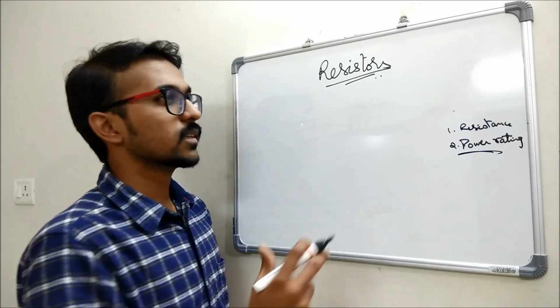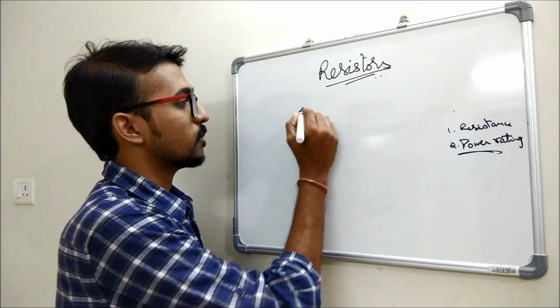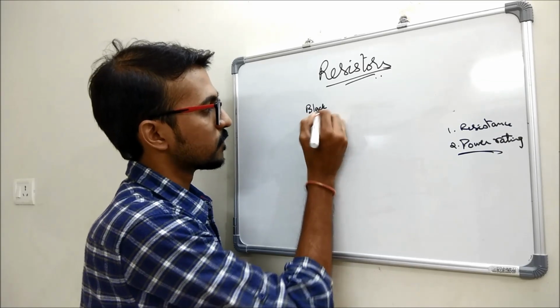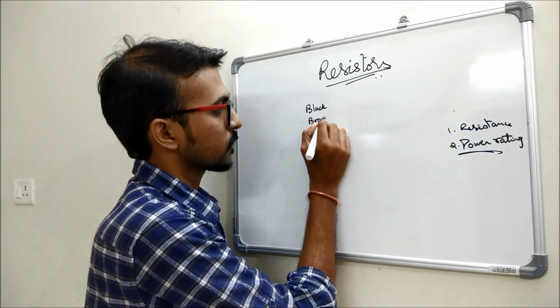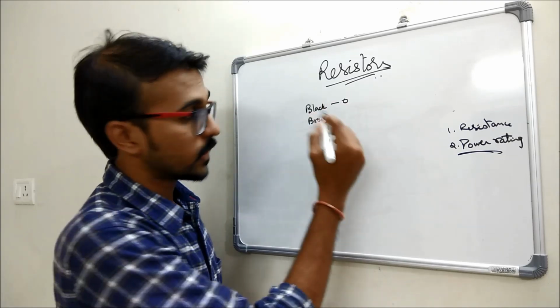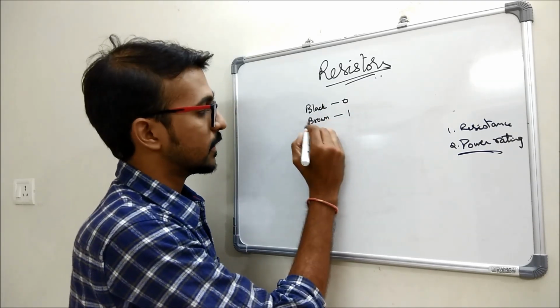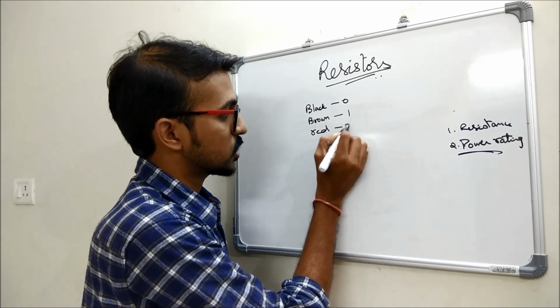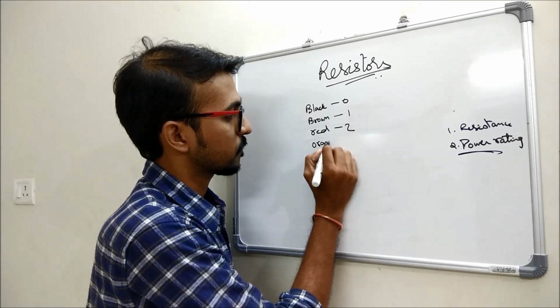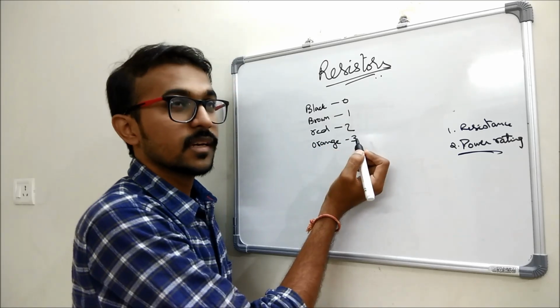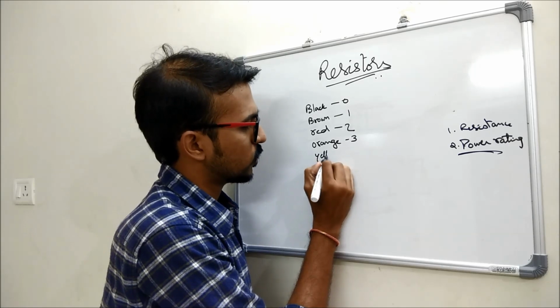A few of the colors which we generally use are black and brown. Black represents 0 and brown represents 1, and then comes red, which represents 2, then orange, which represents 3, and I guess yellow is 4.